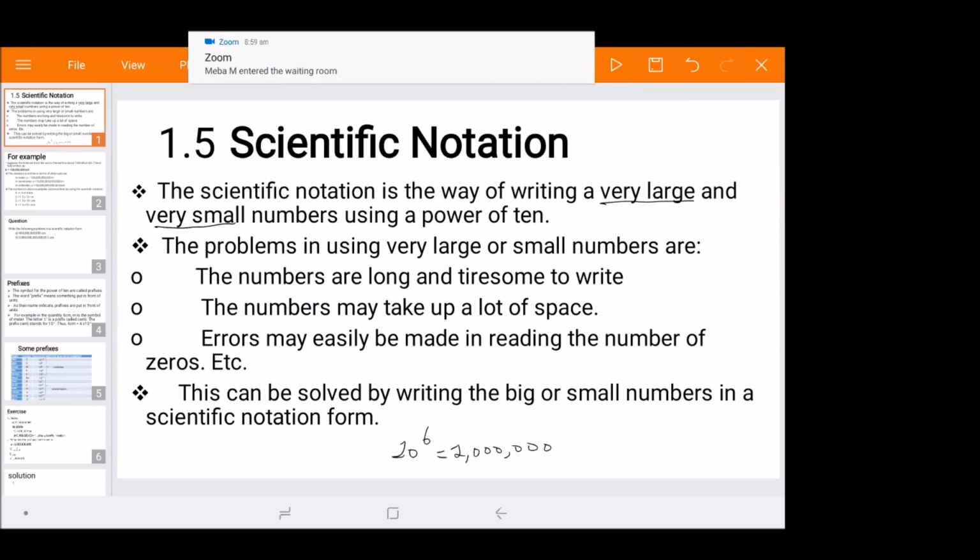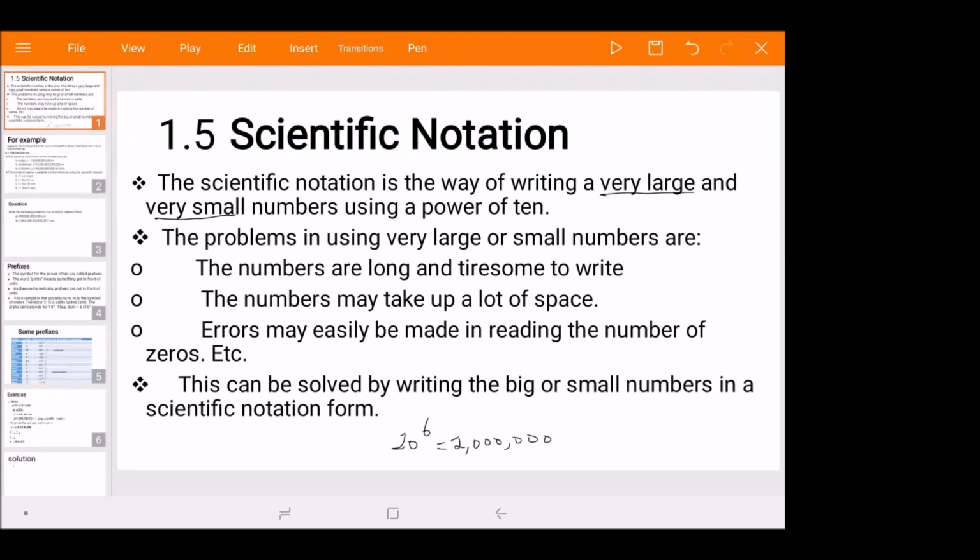So to avoid this problem, we must use scientific notation. Also, errors may easily be made in reading the number of zeros. For example, if you write a lot of zeros after a digit, an error may be made when reading that very large number.